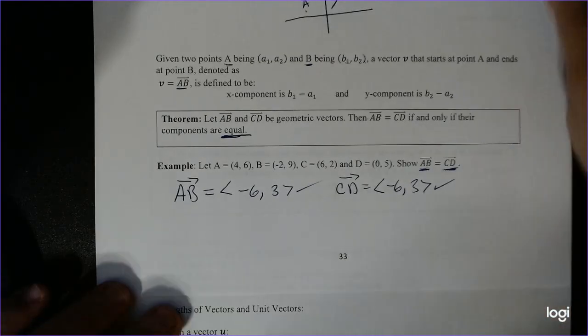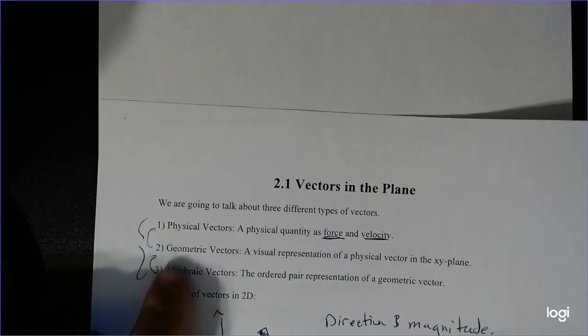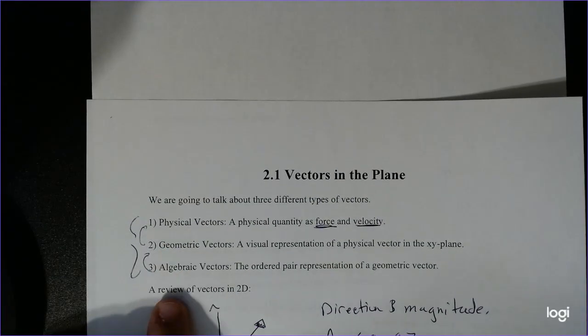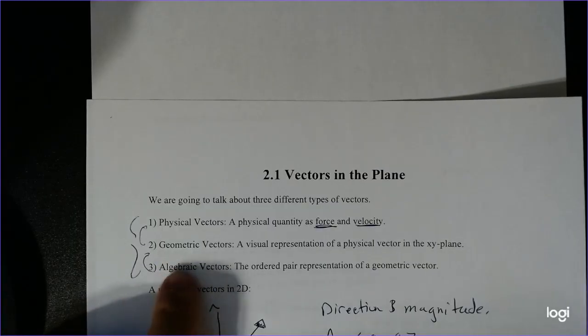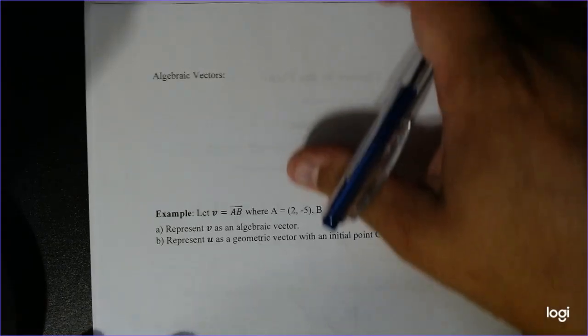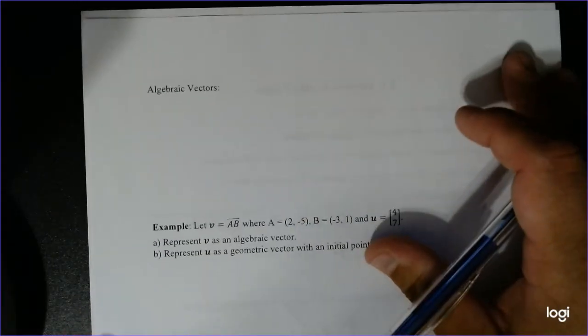All right, so now let's go into our next portion. Physical vectors are pretty difficult to show, so we're just going to go up the ladder instead, because one affects the other. Let's talk about algebraic vectors and what they look like. Algebraic vectors are just like the name, the algebra part of it.